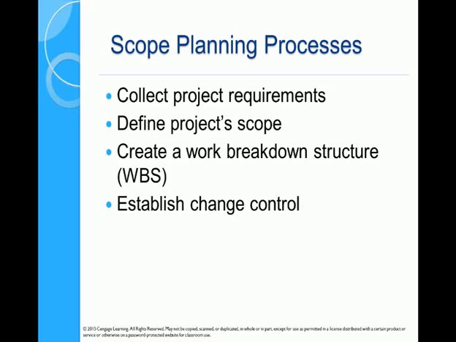Actually the scope planning processes fall into these categories. This lecture will cover collect project requirements, create a traceability matrix, define project scope, create a project scope statement. In the next lecture we'll look at the work breakdown structure and finally change control.